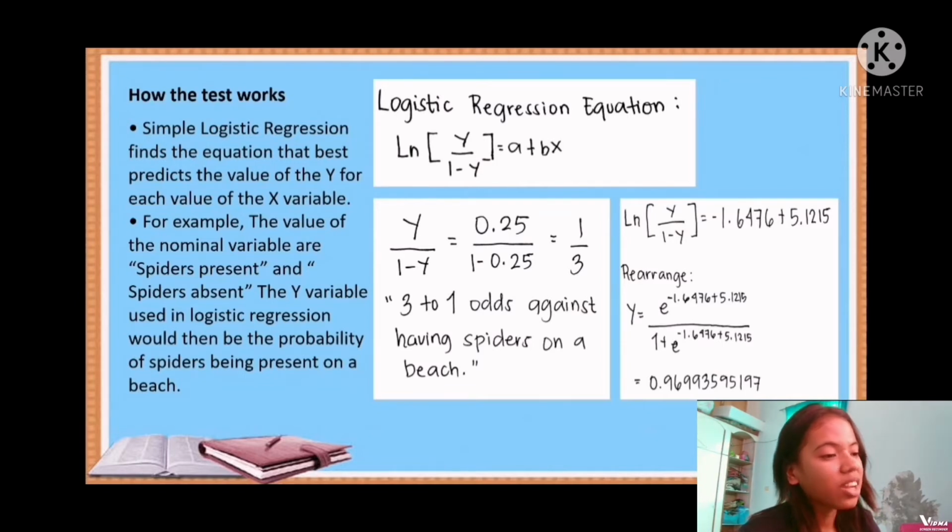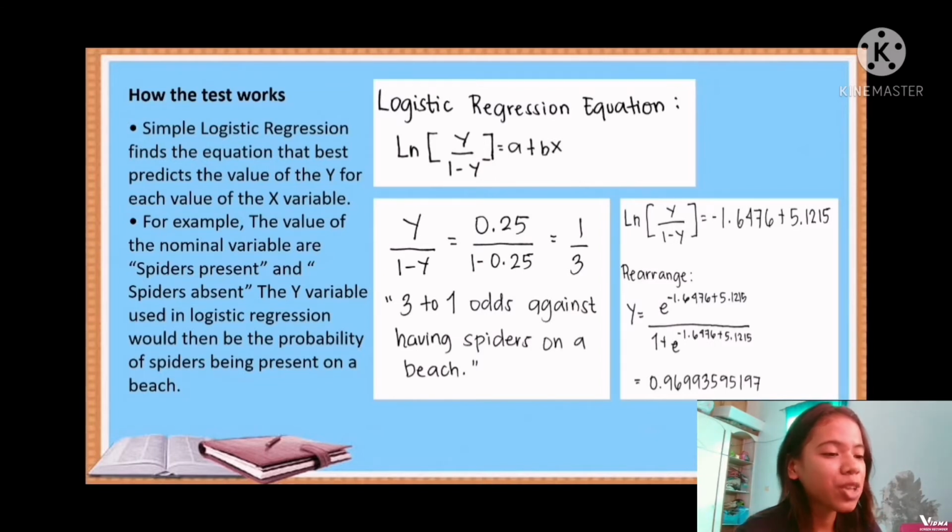Taking the natural log of the odds makes the variable more suitable for a regression. So the result of a logistic regression is an equation that looks like ln of y over 1 minus y equals a plus bx.